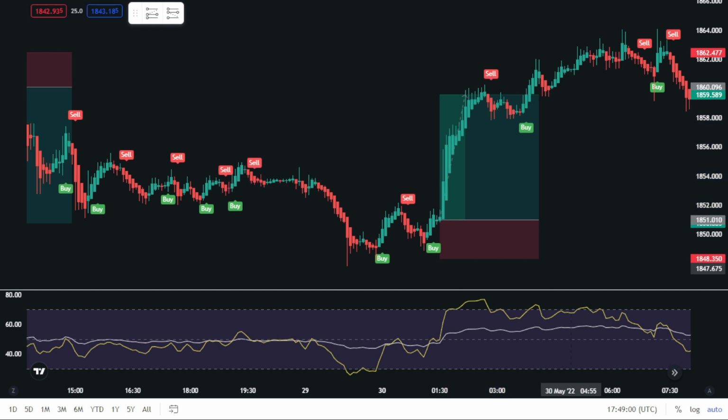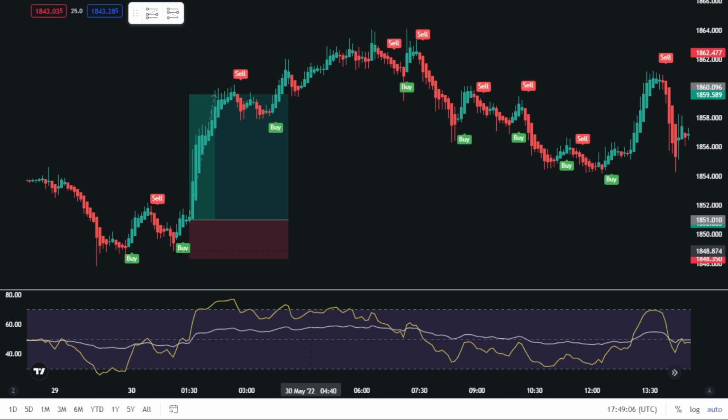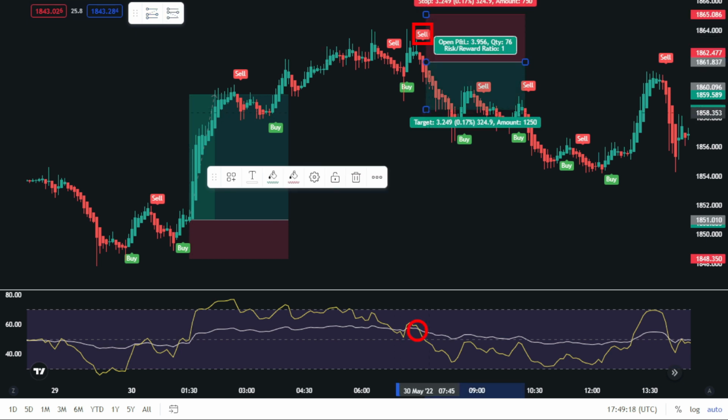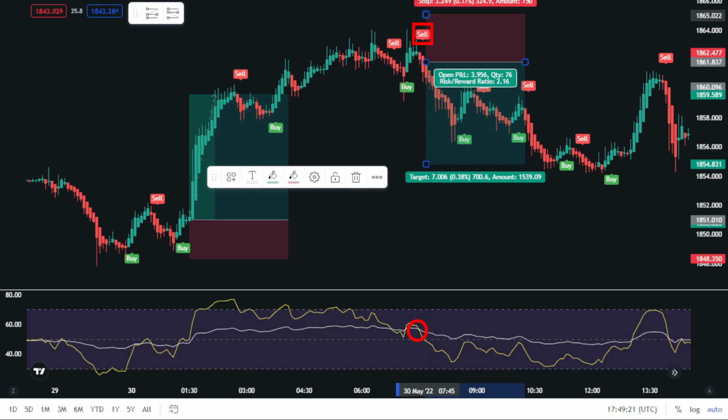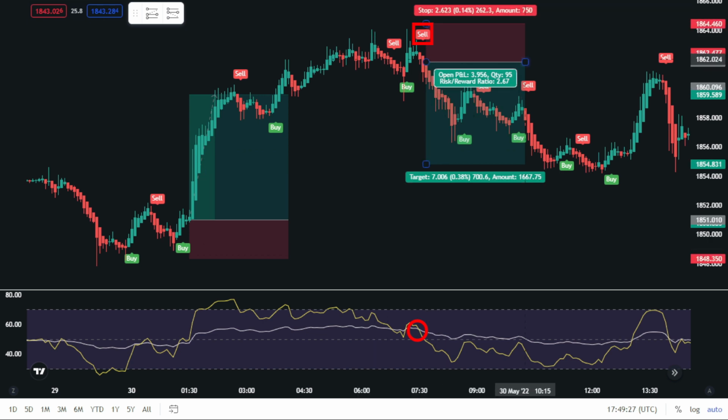So let's look at some more examples. Another confirmation here happened, combined with a sell signal, and we are set to enter our trade. As it turns out, it's another winner.